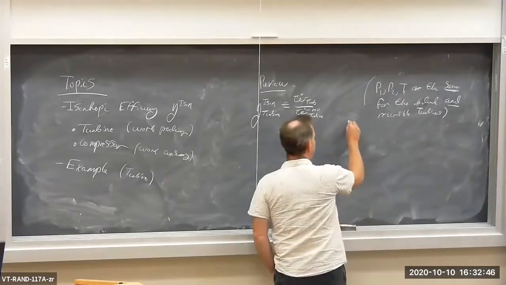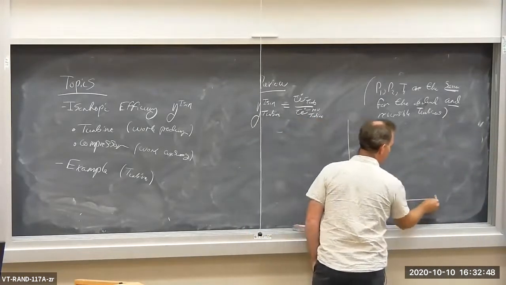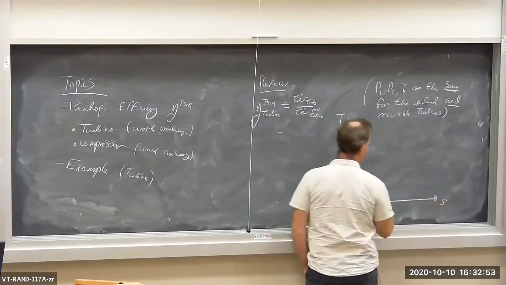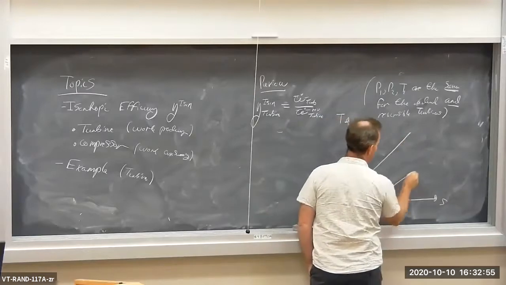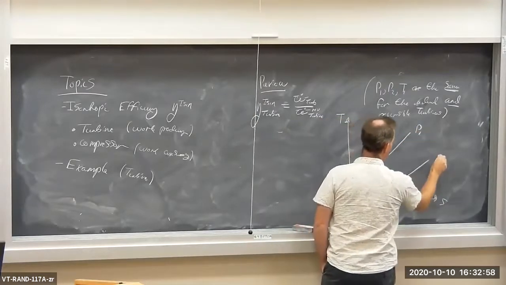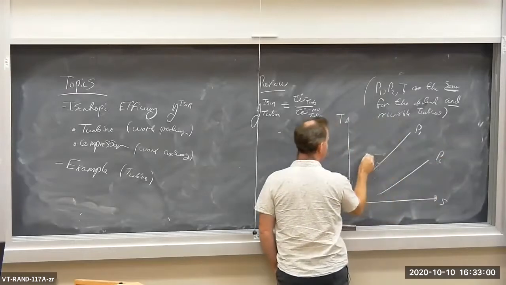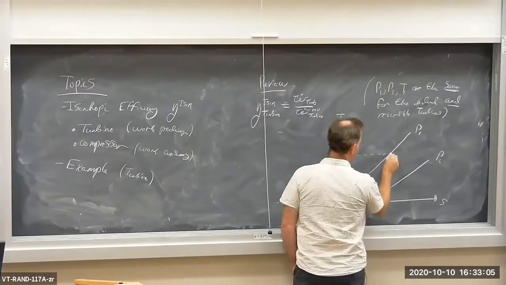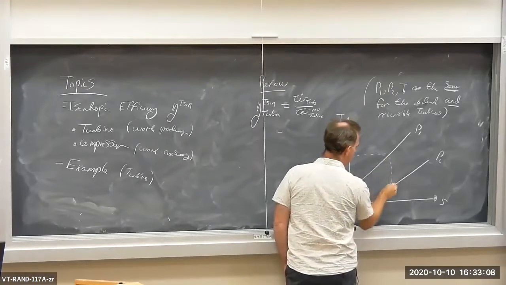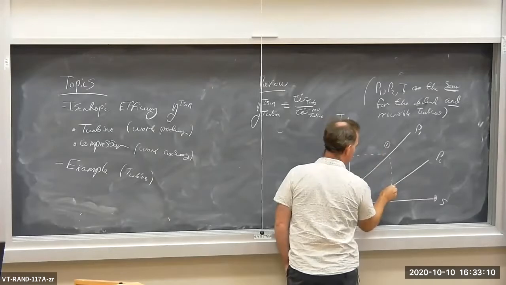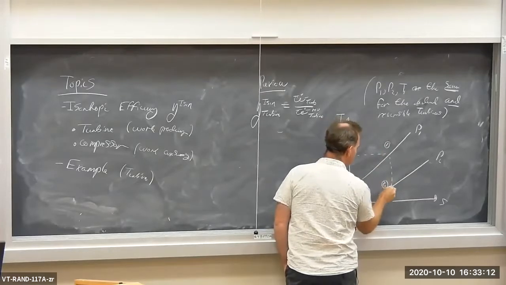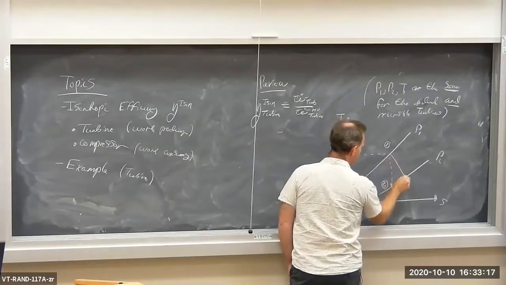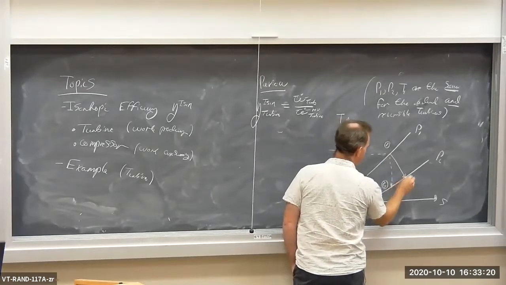The TS diagram for both devices superimposed on the same plot. Temperature, S, same two pressure limits, P1, P2. They both start off at the same temperature, T1. The isentropic device goes from state 1 to 2 sub s. The real device goes from state 1 to 2.